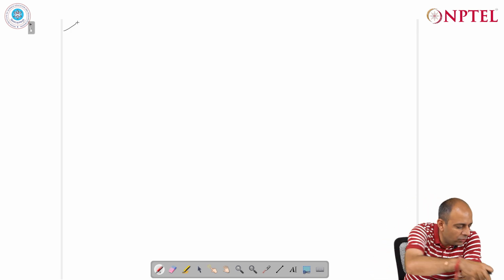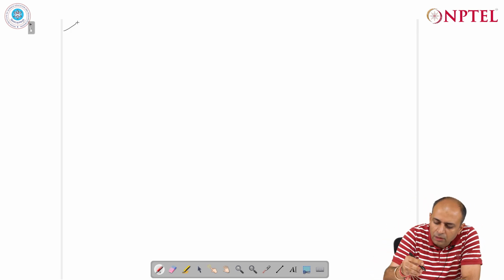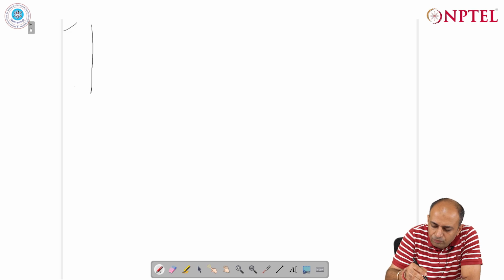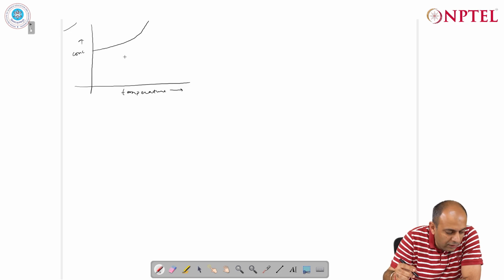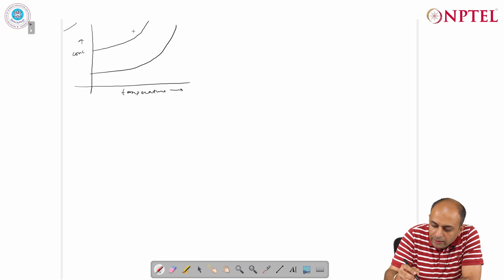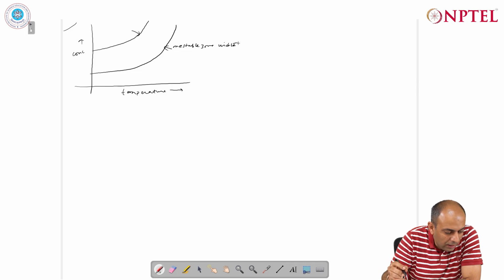Now this can be understood very clearly looking at this particular diagram, where we have concentration as a function of temperature. We have this as one zone and we have another zone, and this is the metastable zone width.